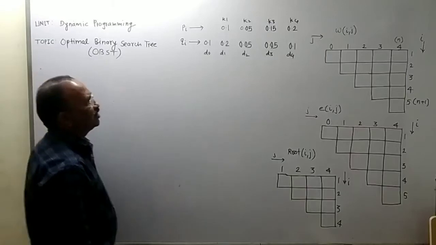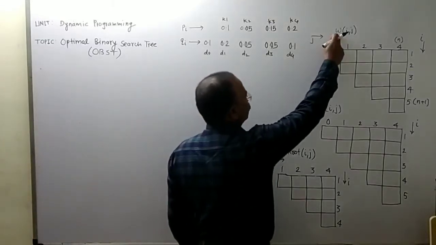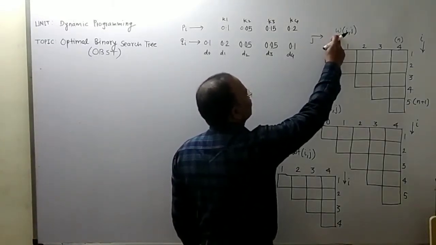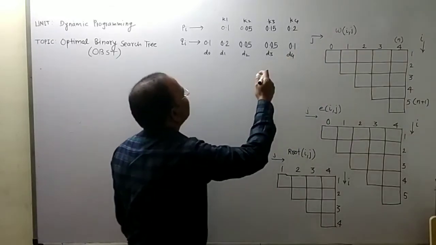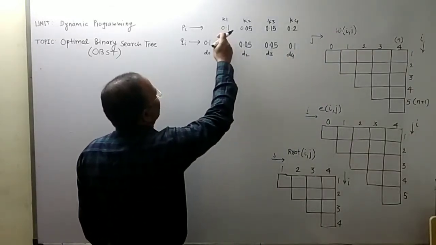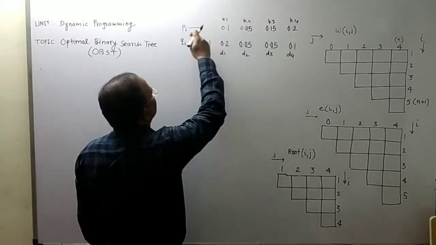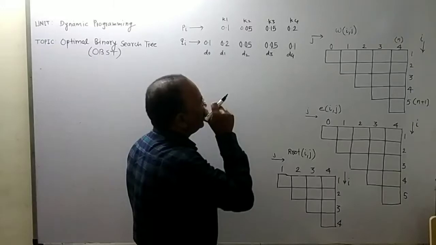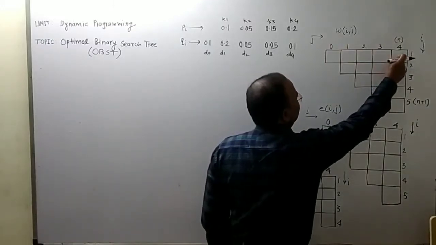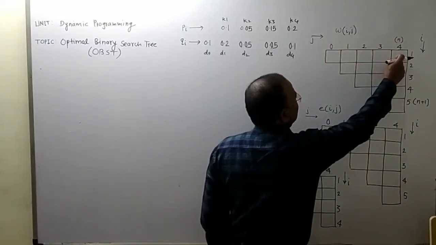First table is sum of the probabilities. Now here sum of the probabilities should be 1. It means that if you take the sum of the probabilities of actual keys and the dummy keys, we will get 1, and this cell gives us the probability 1.